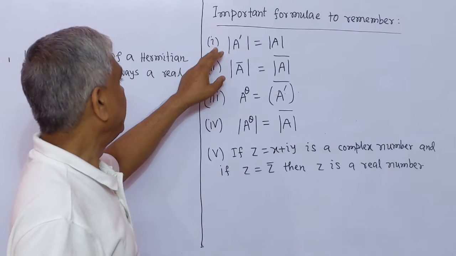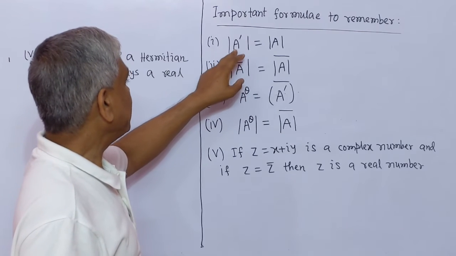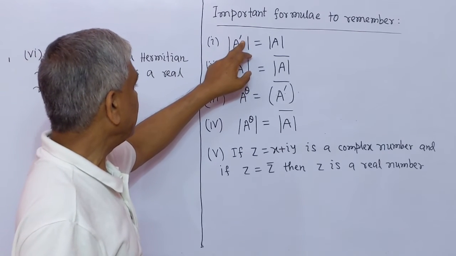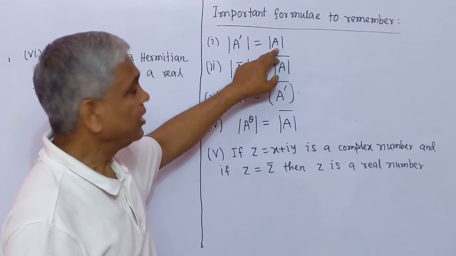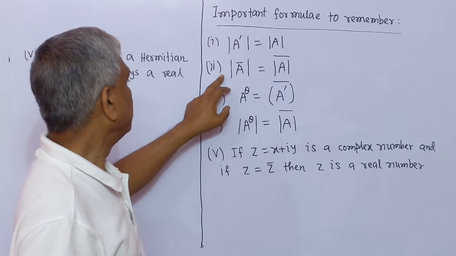Number 1. Determinant of transpose of a matrix A equals determinant of matrix A. Number 2.